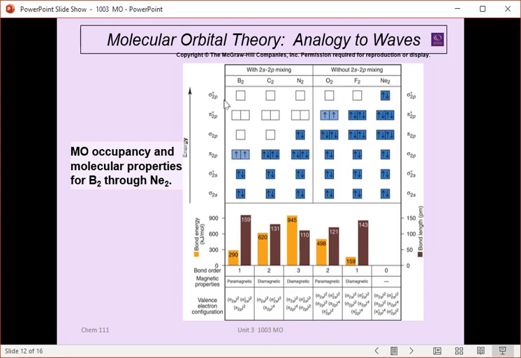Here's the entire family. This is for making the diatomics: boron 2, carbon 2, nitrogen 2, oxygen 2, fluorine 2, and neon 2. Some of these are naturally occurring diatomics, but for some, like carbon 2 and boron 2, does such a thing exist? We can figure that out with molecular orbital theory.